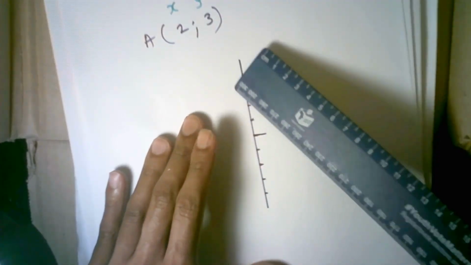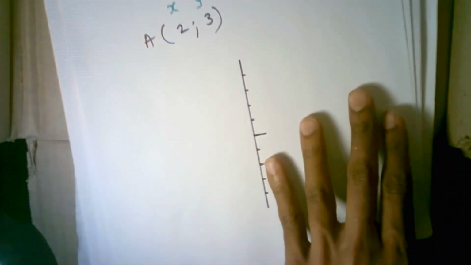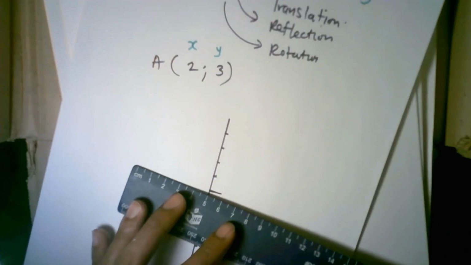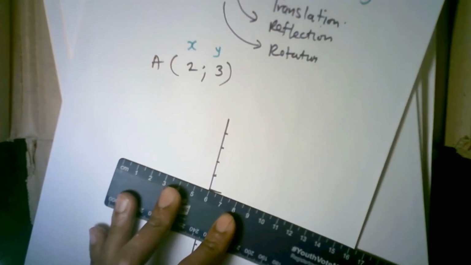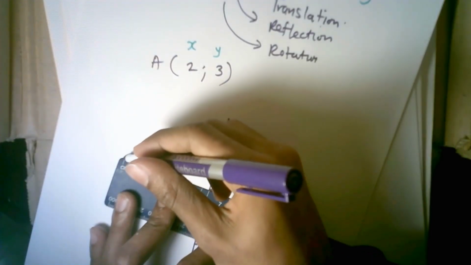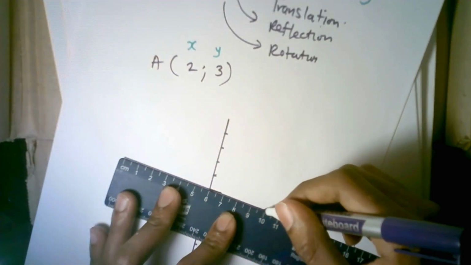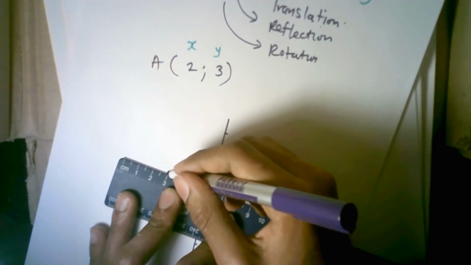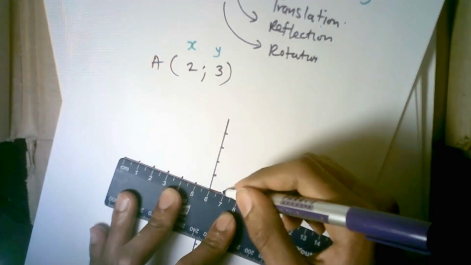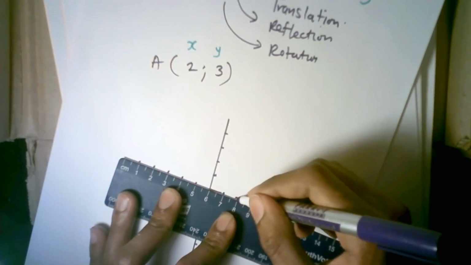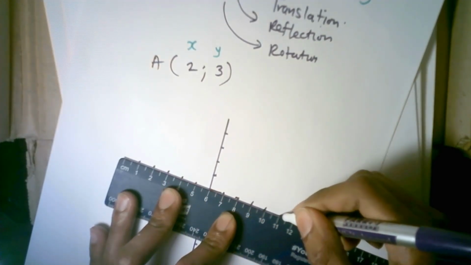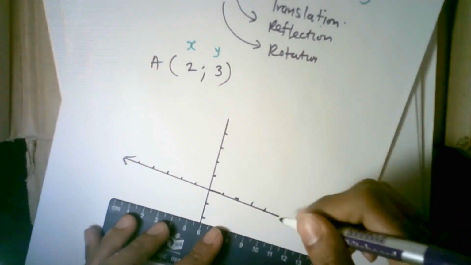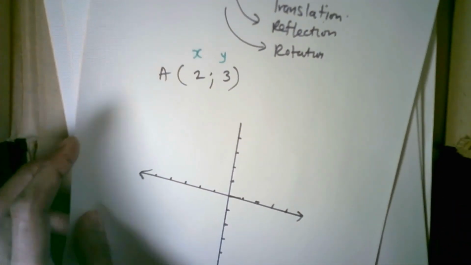So this is my y-axis, the vertical axis. We looked at this when we looked at graphs. And of course we have our x-axis, which is our horizontal axis. Again, I'm going to use my ruler to measure this as neatly as I can. Of course it can continue to infinity from left to right.